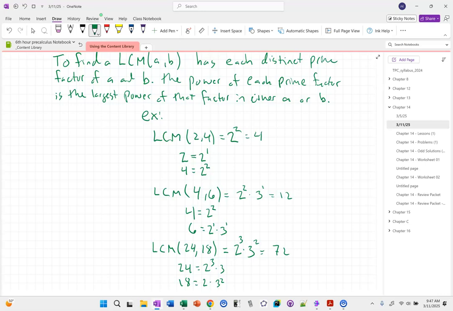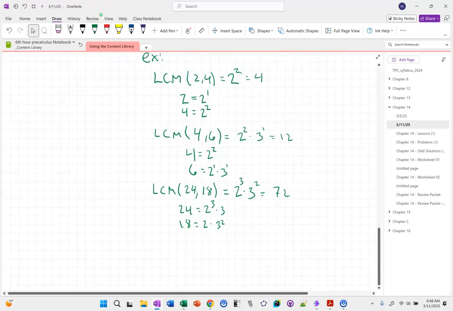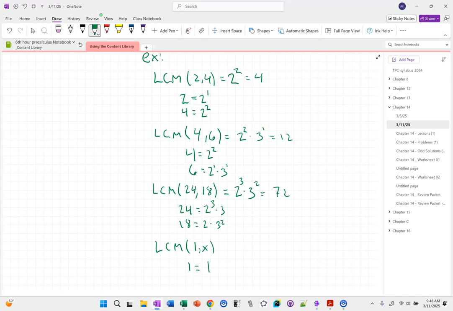Feels okay? So if we go back and we want the least common multiple of 1 and x, well, the prime factorization of 1 is 1. The prime factorization of x, how do I factor a polynomial? Oh, I just factor it, right?